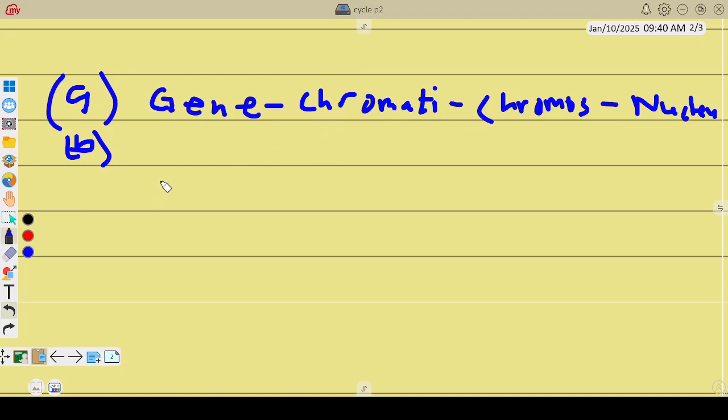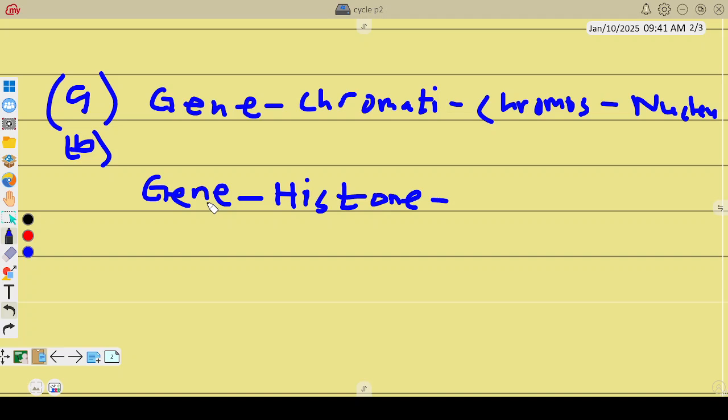You should be able to say, okay, the smallest unit is a gene, and then after a gene we're going to have a histone. Yeah, so there'll be different options. I haven't managed to find the past paper which has these kinds of questions. So after a gene we have a histone, and then after a histone there can be a DNA histone complex.